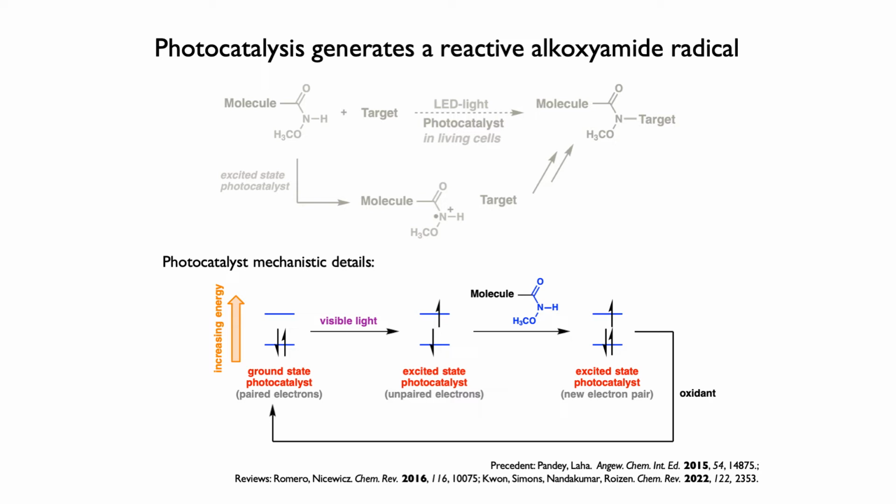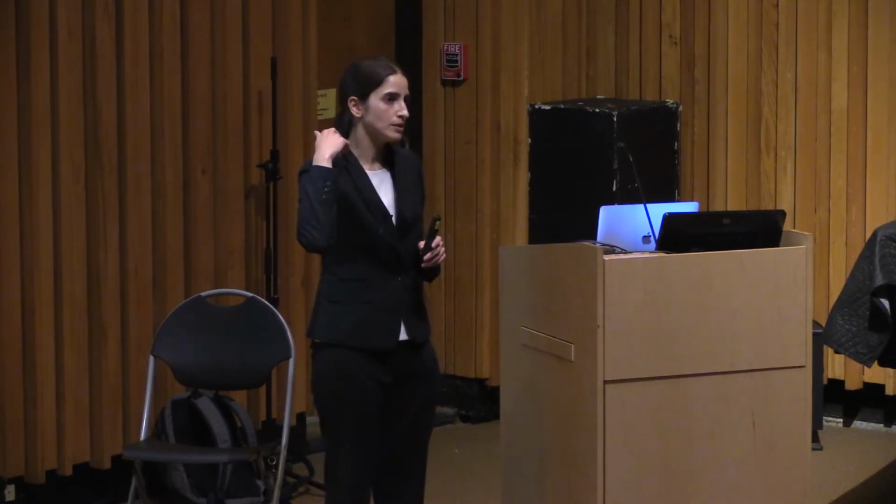Oxidants take electrons away and bring you back to the ground state, which can then do this reaction over and over. So we take something that has a pair of electrons, we make it into something that has unpaired electrons, and it really wants to have paired electrons, and that causes the photocatalyst to react with your substrate, with your alkoxyamide, and make that reaction happen.